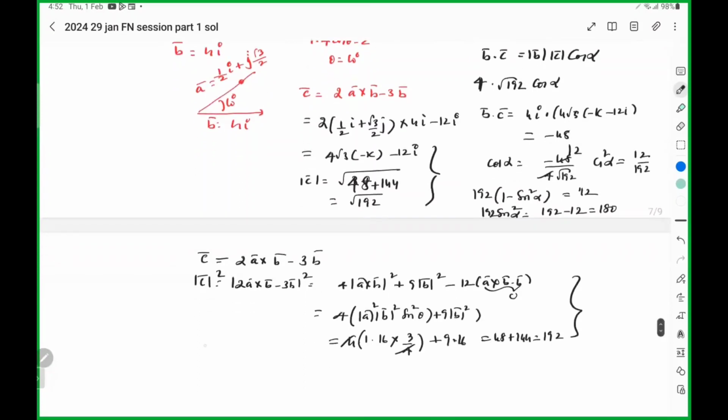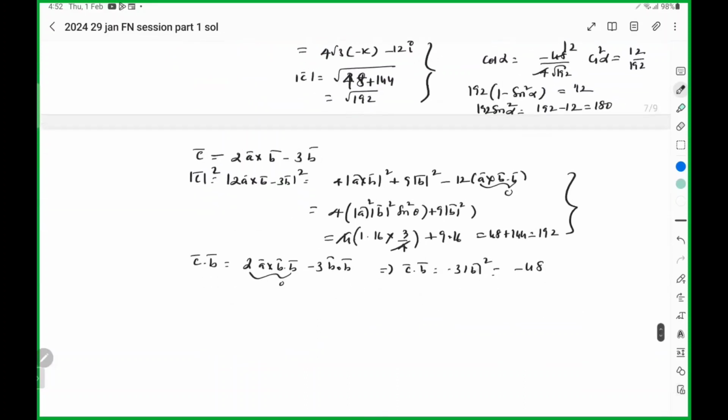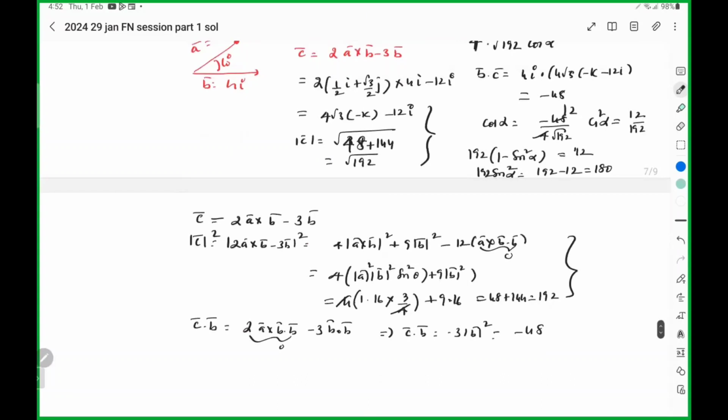So here, to get C dot B, 2 times A cross B dot B minus 3 times B dot B. This is 0. C dot B is minus 3 times mod B square. B is 4, minus 48. So after that, mod C mod B cos alpha is this.